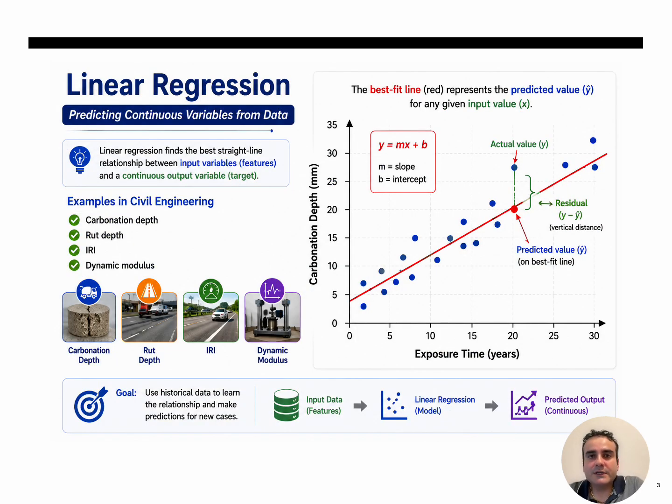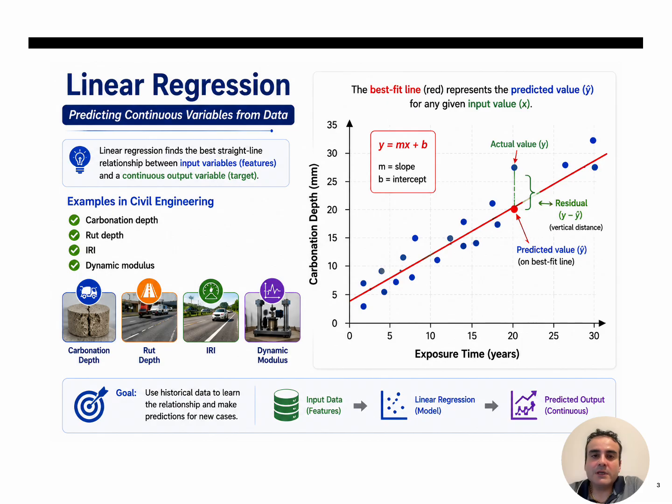Linear regression predicts continuous variables from data. The basic idea is to find the best fit line that represents the relationship between an input variable and an output variable. In this example, exposure time is used to predict carbonation depths. The blue points represent observed data, and the red line represents the model prediction.